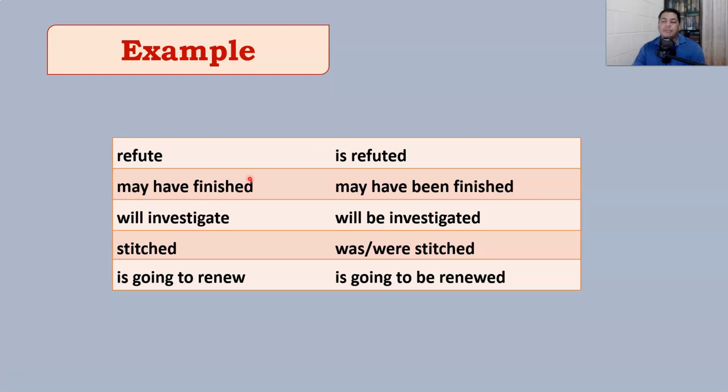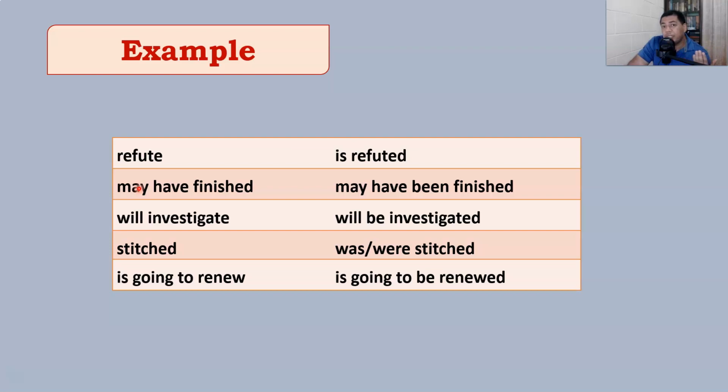Next, verb form, may have finished. What form is the principal verb in? Okay, I want you to check that we have this modal, may, and we have this modal, have, and we have the principal verb, finished. So I need to use verb to be in this form, which is past participle, right? And I am going to use these modals as well. Because again, it is not a transformation, it is not a new verb. Passive voice is not a verb, it's a voice, right?